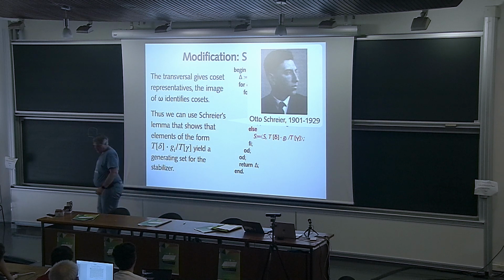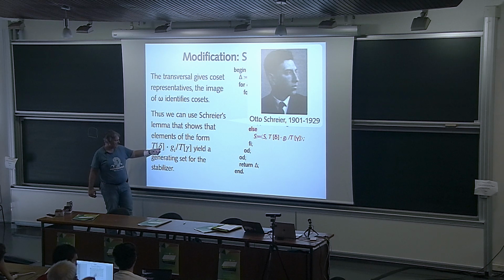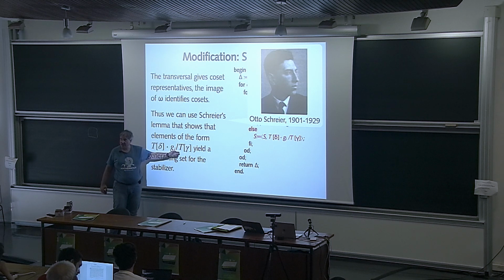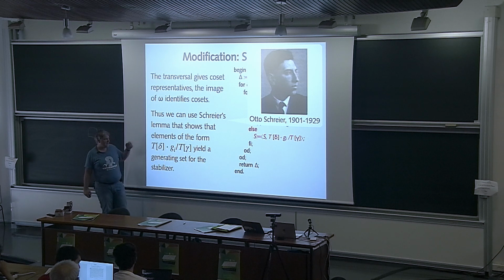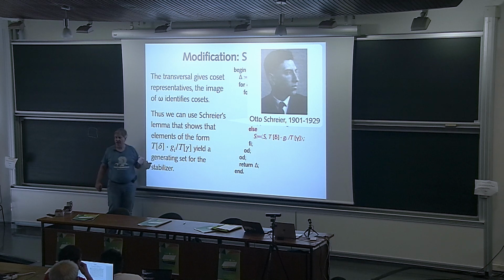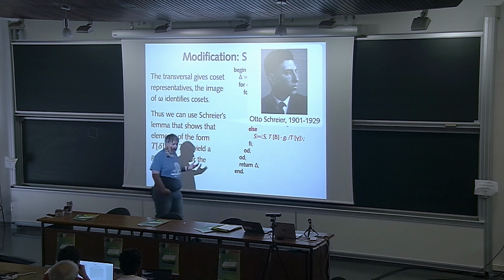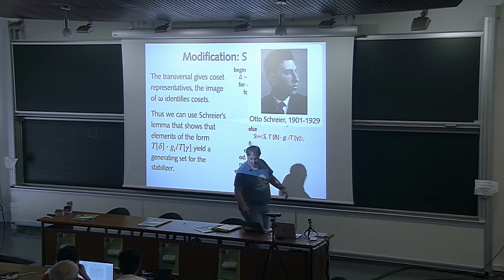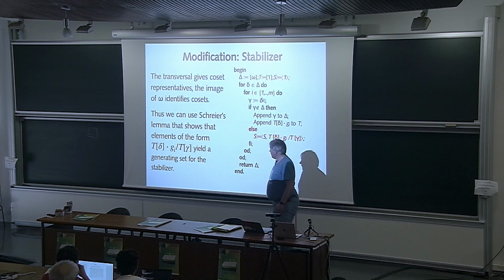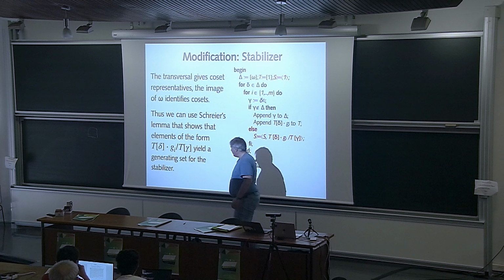Schreier's lemma tells us that if we have an orbit of a point and we go through all pairs of an element delta in the orbit and a generator gi, the image of delta under gi will be another element in the orbit, by definition of the orbit. Well, it will be the element gamma.